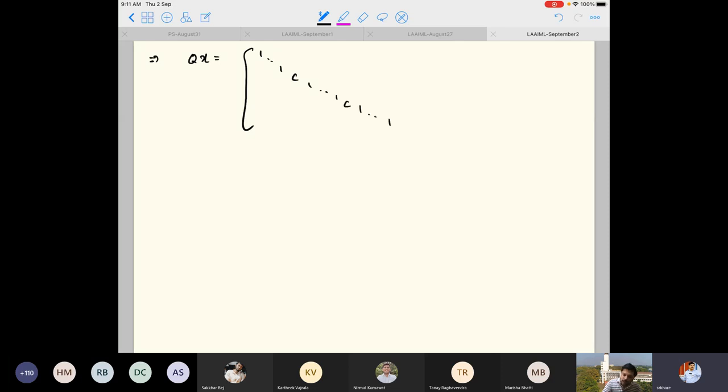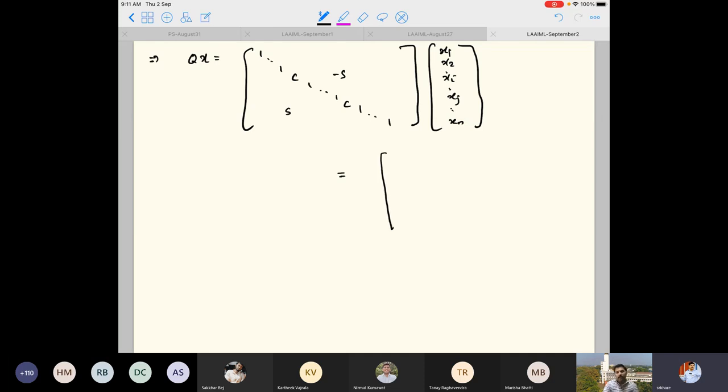And here I have S, minus S, and if I apply this on x1, x2, xi, xj, xn, then what will be the product? Can somebody tell? So if I design this C and S in such a way that I will make xj 0 from xi, that's the operation that I'm going to do.